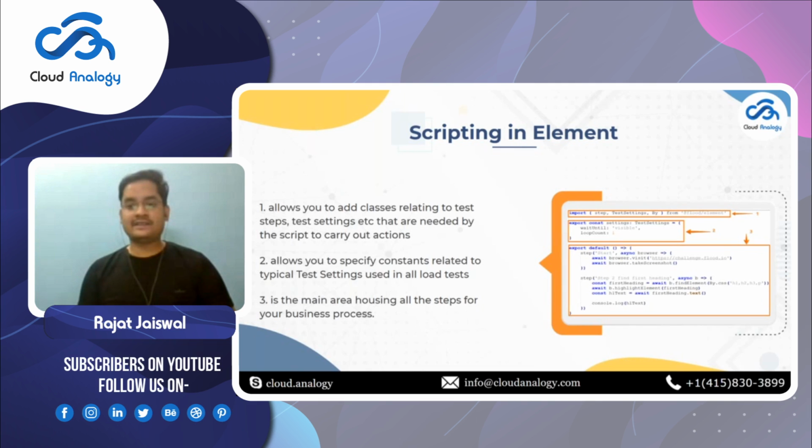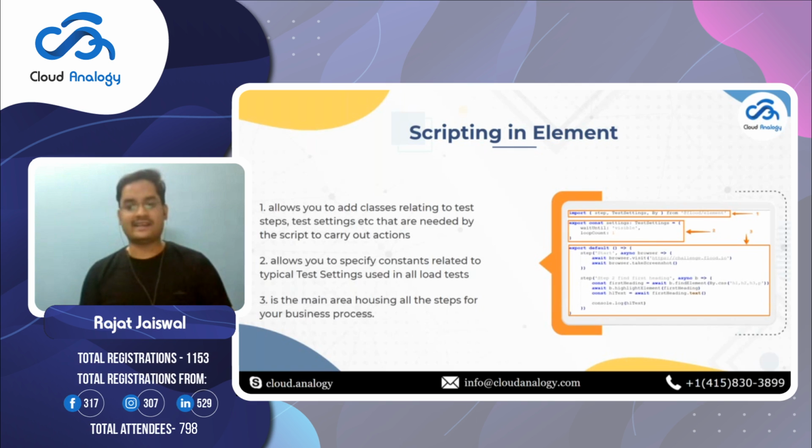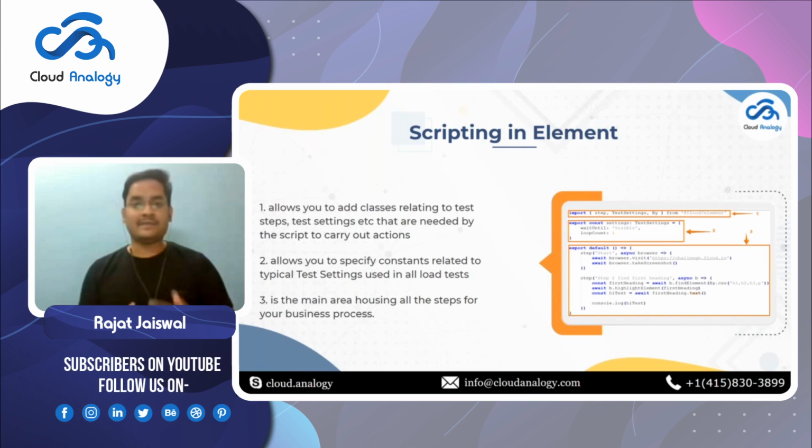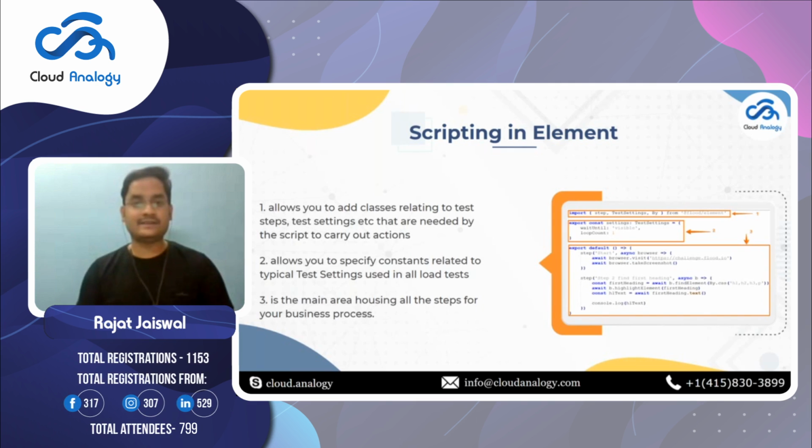The second part is the configuration part of the test settings, which we can use to configure Element, something like the loop count, where we can put how many times we need that. And the third one, which is the major part, is the class part, where we write the script, what needs to be checked and what needs to be put there. So that is it for scripting in Element.